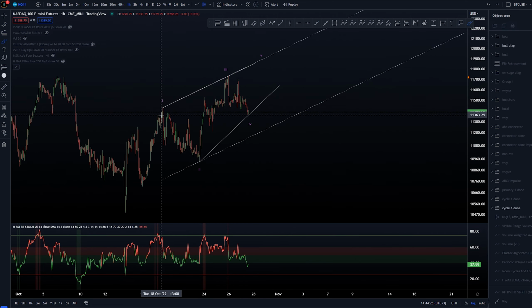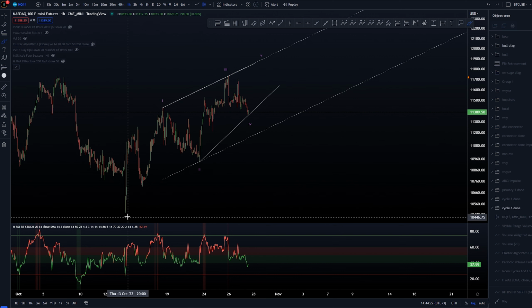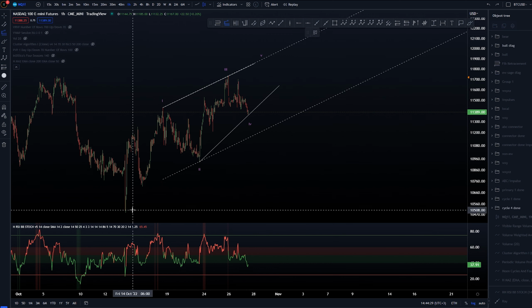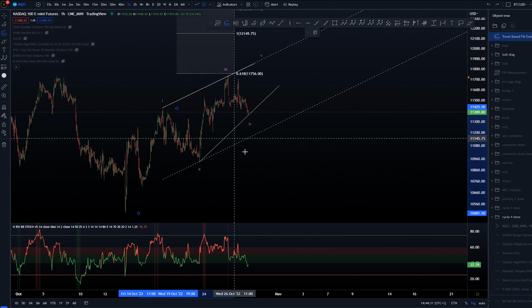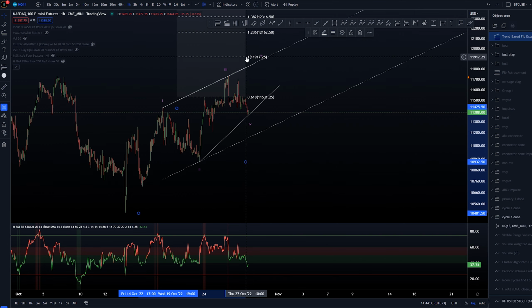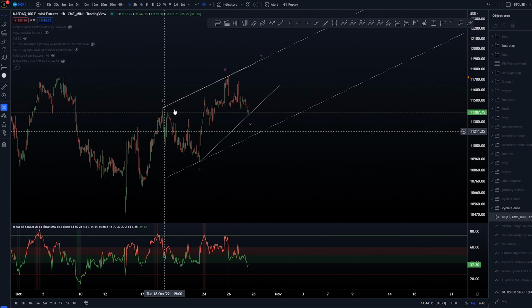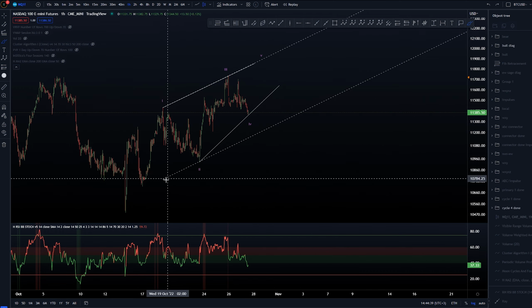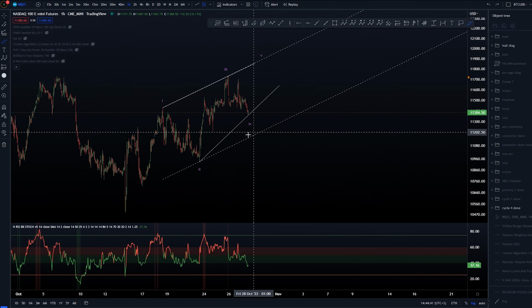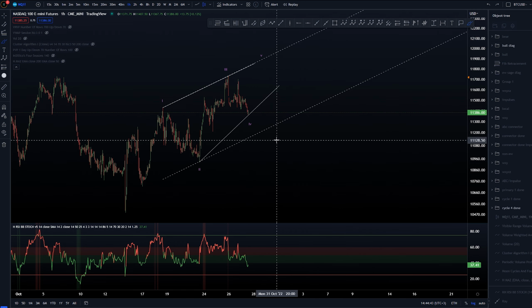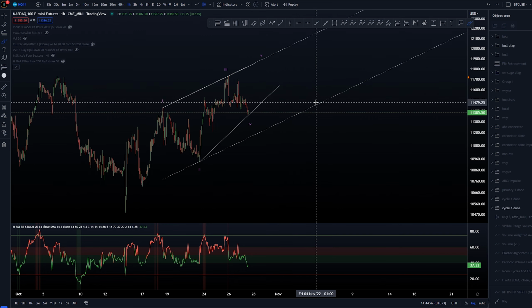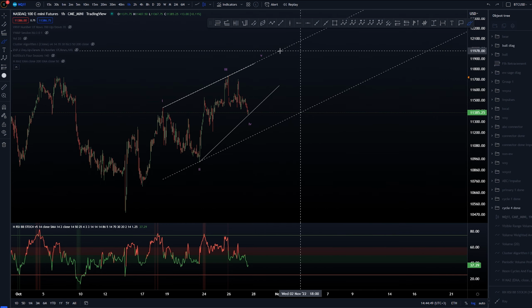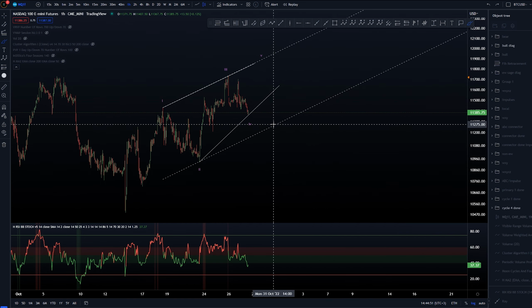Now I had this channel drawn here because this is a diagonal, which is a contracting pattern. At least this diagonal is, because the third here is smaller than the first. So if the price gets below this structure, or this trend line basically, then we're no longer looking at this contracting diagonal, and we can just scrap this idea altogether.